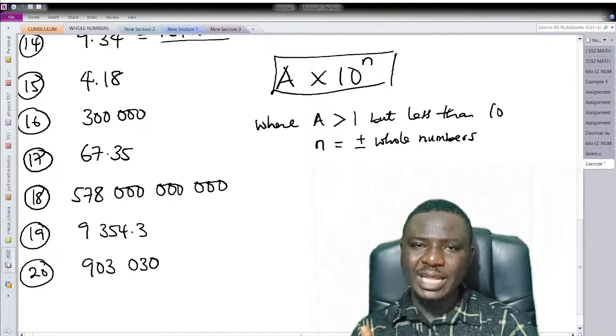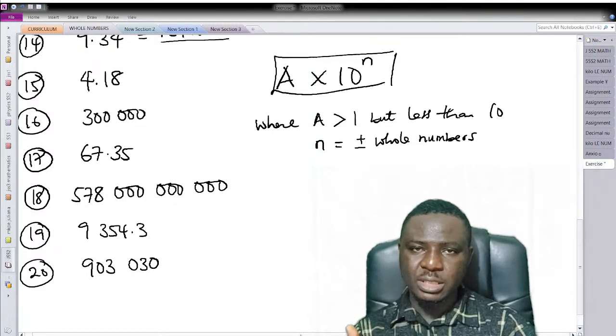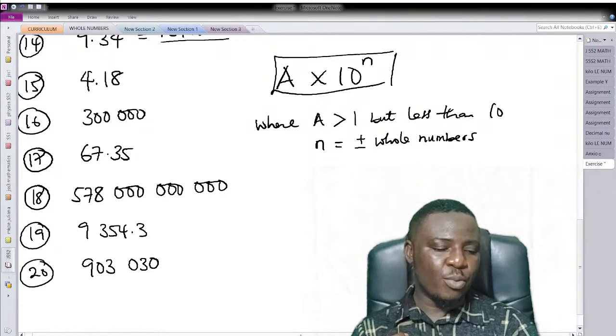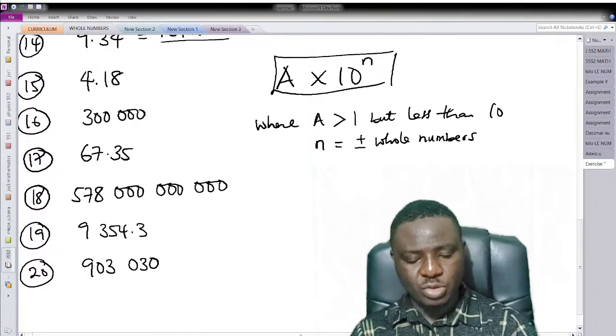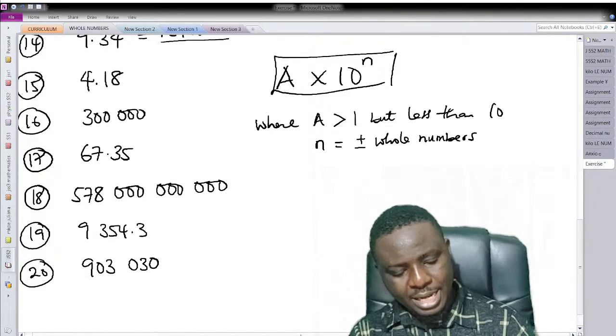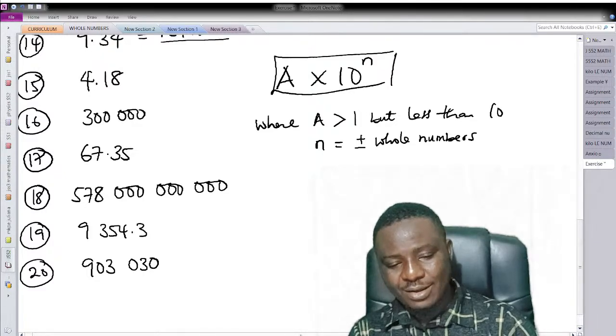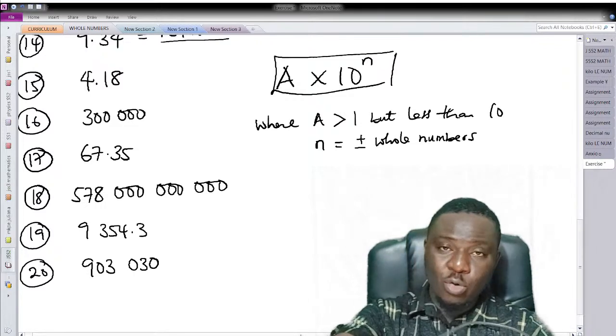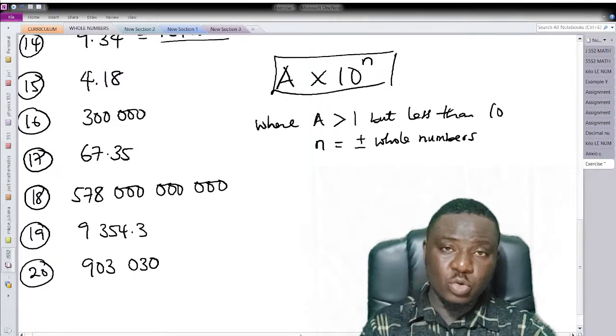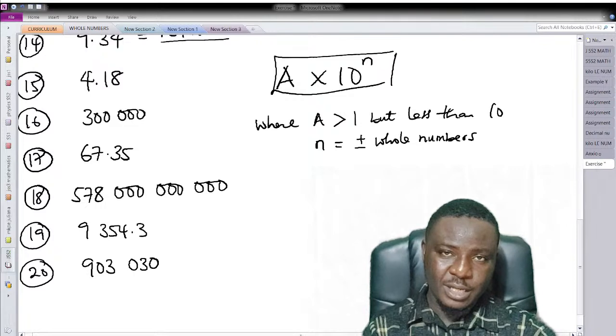There's no need putting it. You can just leave it as 9.0303 times 10 to the power 2. But nevertheless, you are still correct. And nice attempt. And I hope you are doing it on your own with little or no assistance from anybody.